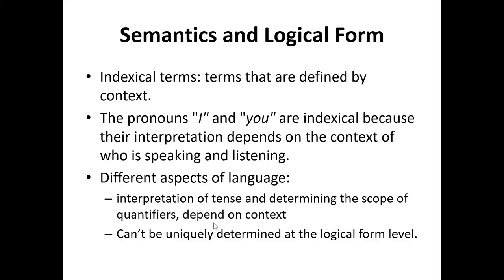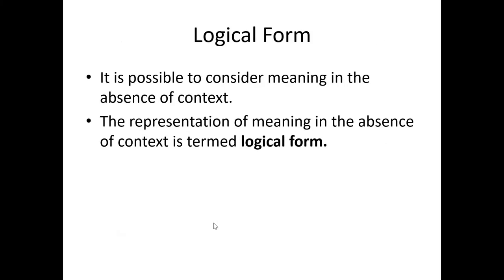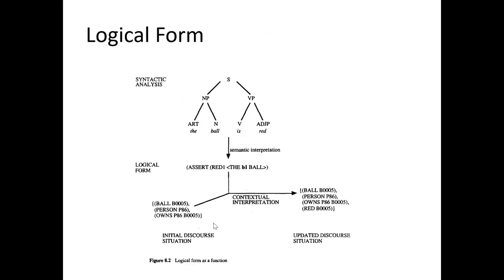And there is one concept that this type of logical form can't be uniquely determined. Logical form can be understood without the context, that is, it is possible to consider meaning in the absence of context. So the representation of meaning in the absence of context is termed as logical form.